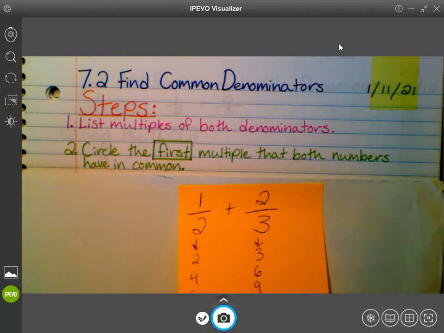So circle the first. And notice I put a box around the word first, because oftentimes when you're listing multiples of your two denominators, they will have more than one number in common. But we want to circle the first multiple that both numbers have in common. Give me a thumbs up when you have number 2 written down. Step 2.